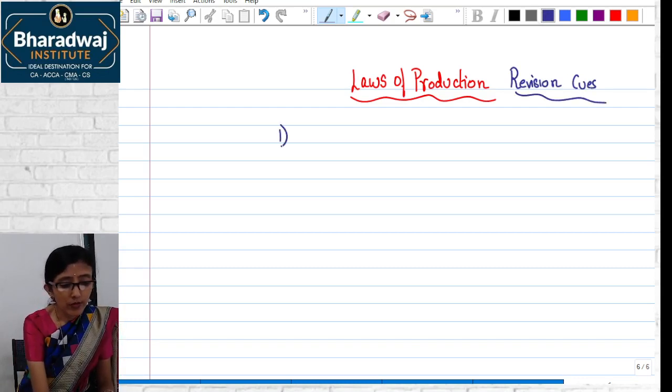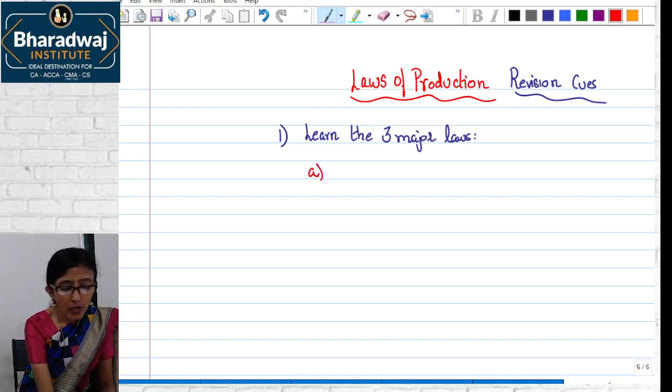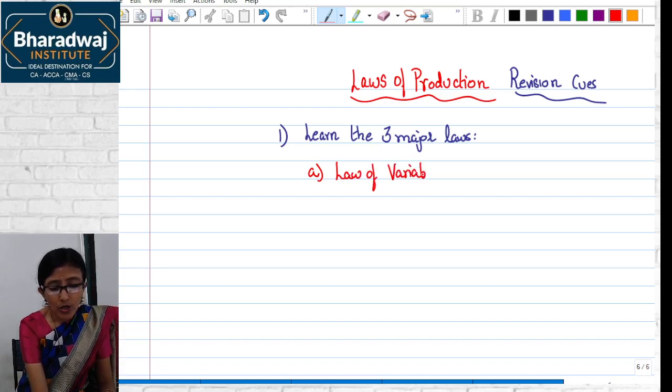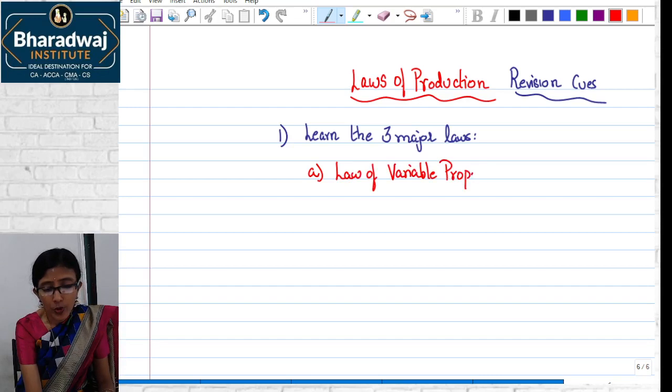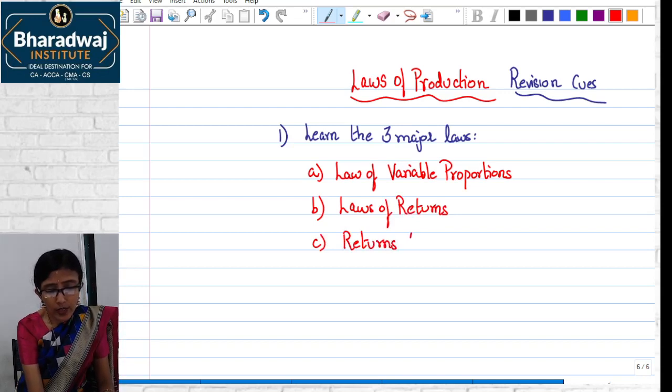First, you have to learn the three major laws. Law of variable proportions. Laws of returns. Whatever order you want, you can take it. Then returns to scale.